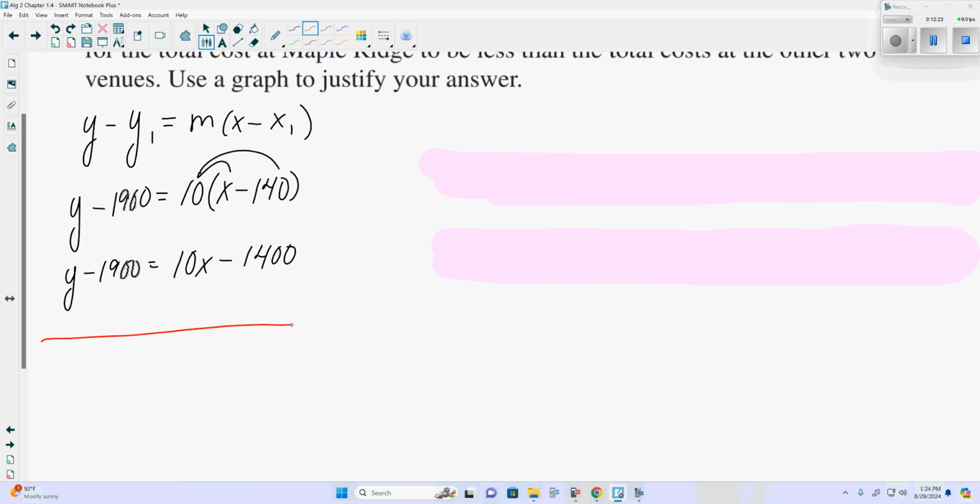So what's with Y? 1,900, so we would need to add 1,900 to both sides, which tells us Y is equal to 10X plus 500. All right, Maple.